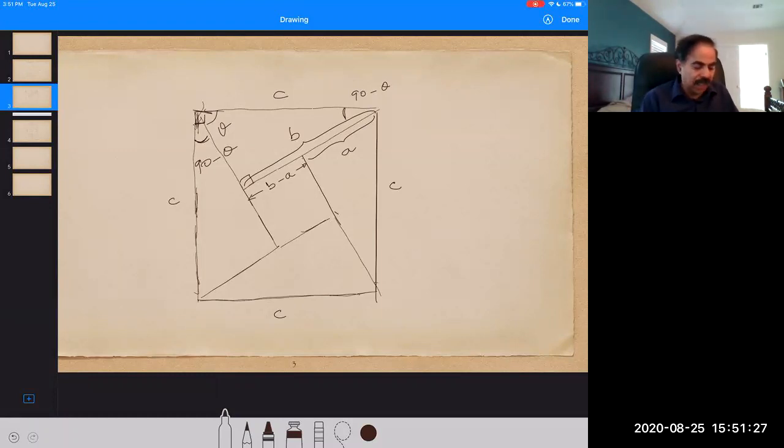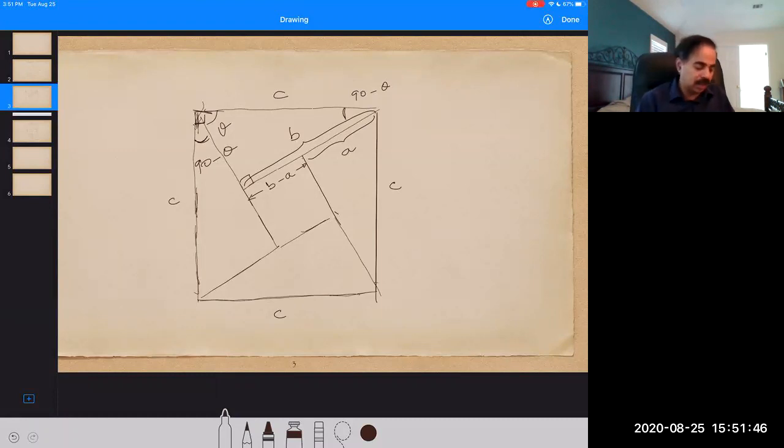So first of all, we can see that this is C on all sides and that this is going to be a square of size C on each side. And the 4 triangles are going to touch each other in the way it's shown.